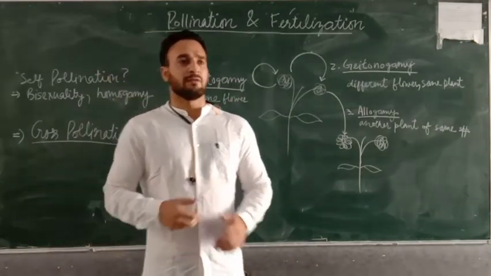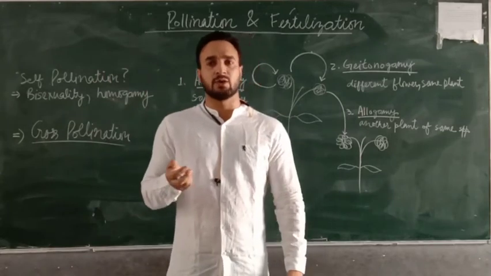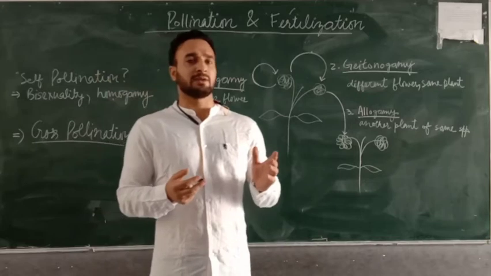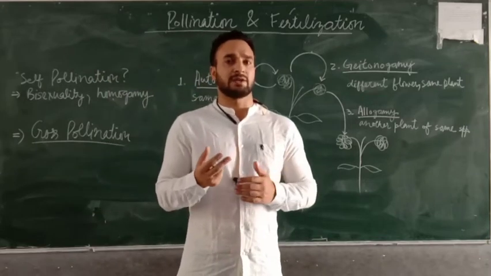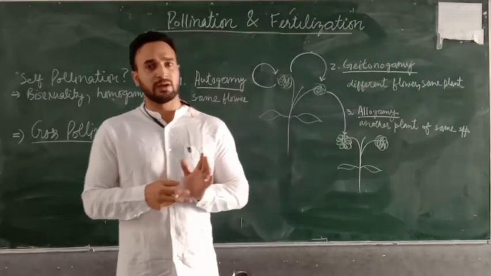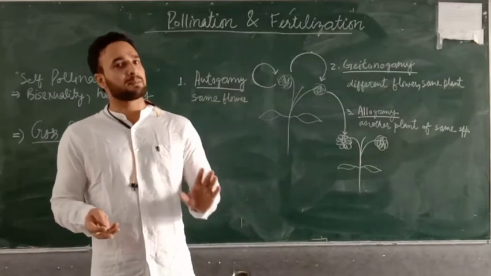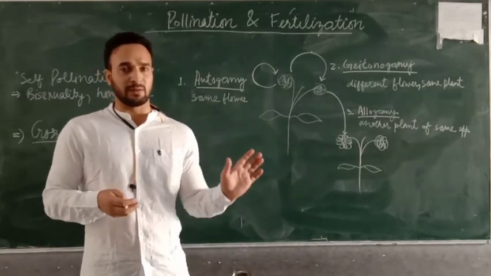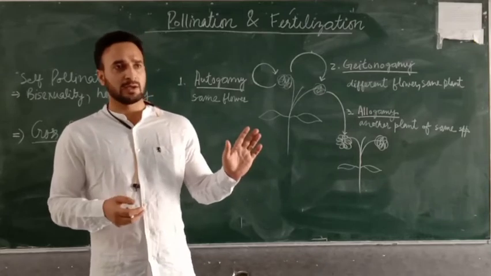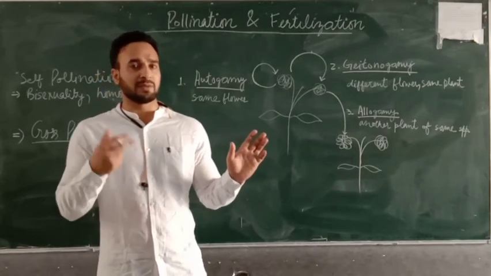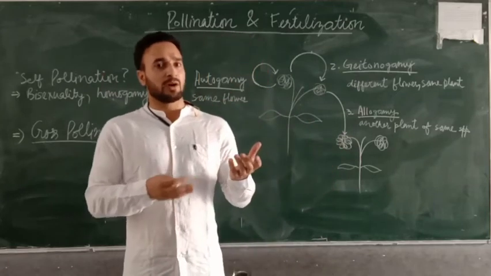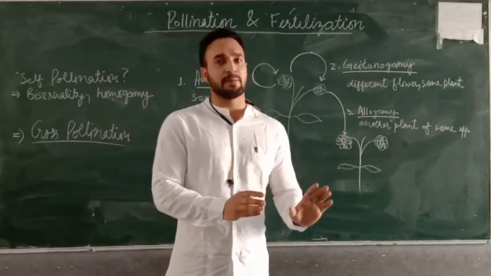Self-pollination means when the pollination is happening on the same plant, whether it is the same flower or different flower, but the plant is the same. Only a single plant is required for self-pollination, right? The transfer of pollen grains from the anther to the stigma occurs in the same flower or different flowers of the same plant.